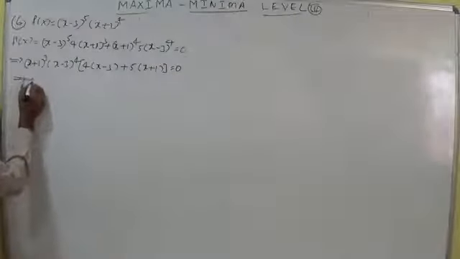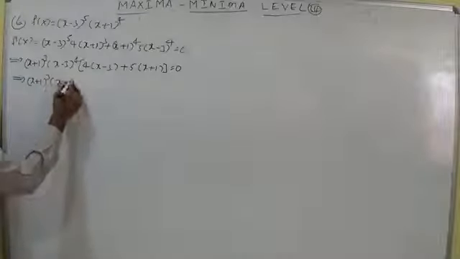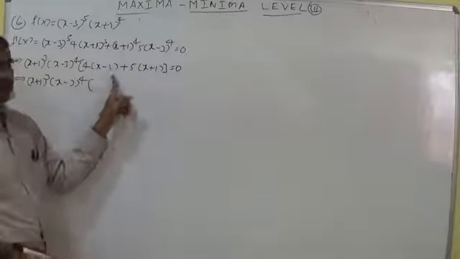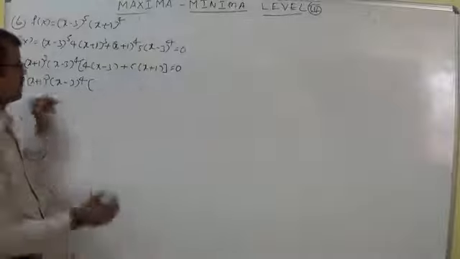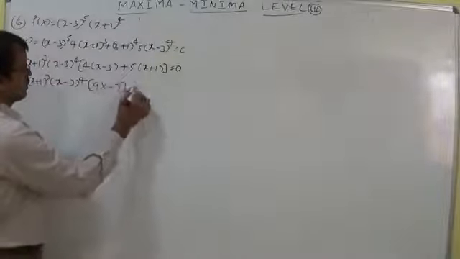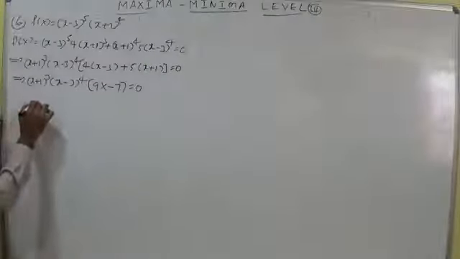That implies, next step, x plus 1 whole cube into x minus 3 whole power 4 into 4x minus 12 plus 5x plus 5. 4x plus 5x becomes 9x, minus 12 plus 5 becomes minus 7, equal to 0. Therefore, here I am writing the critical points.